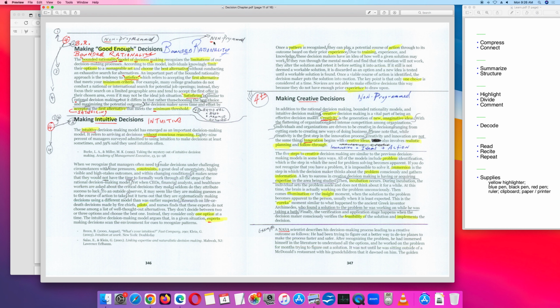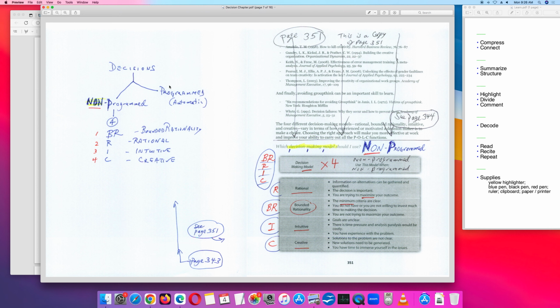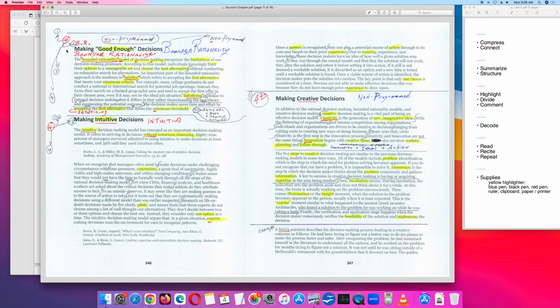But I also emphasized to myself over and over non-programmed, and then I keep drawing to myself, this is part of the 4 models here. So decisions, non-programmed, 4 models, brick. So that's why I wrote here 4, and this is one of the 4. Bounded rationality. Another key word here is satisficing.